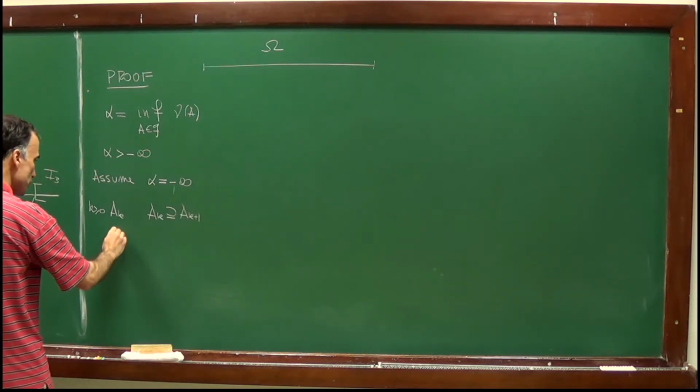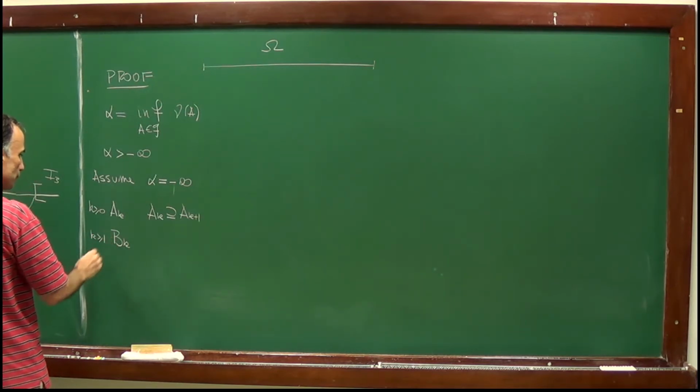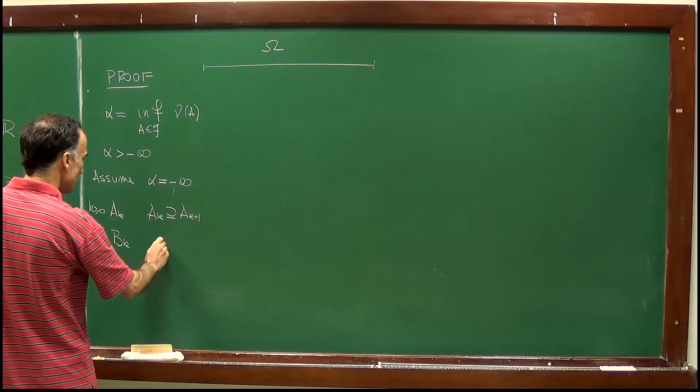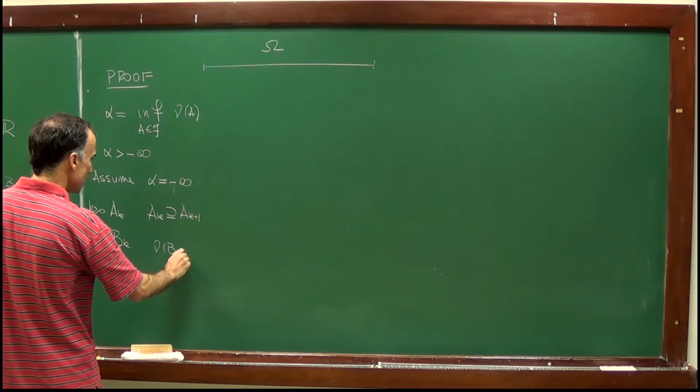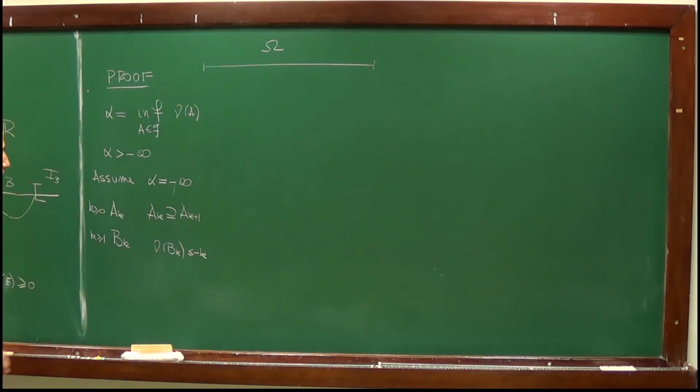And I will also construct a sequence of sets B_k for k now larger than 1, and nu of B_k will always be larger than minus k. But I will explain during the proof more precisely which sets these are.